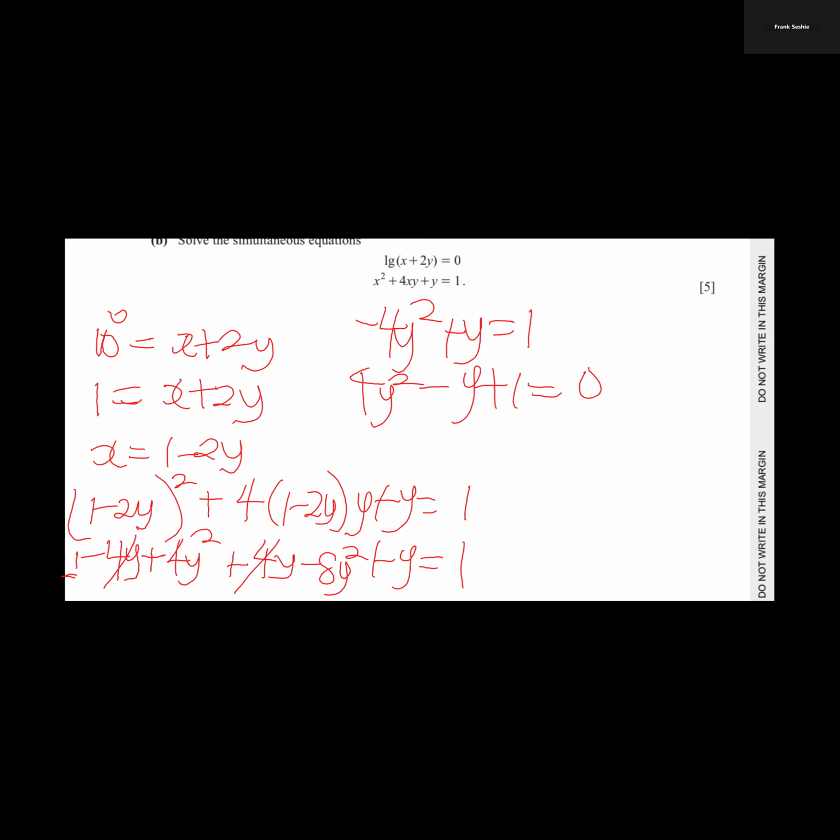So we are going to just have 4y squared minus y because this one is going off with this one here. So 1 minus 1 is 0. So y out you have 4y minus 1. So y is 0 or 4.